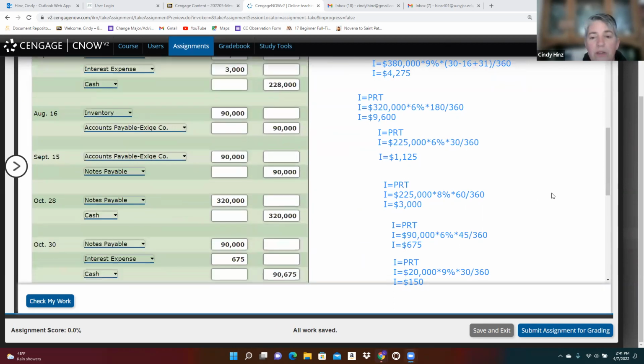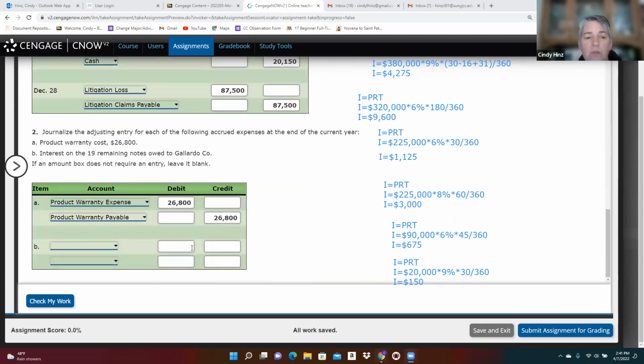And so we now know the interest that has accrued on those notes is $4,275. Whoops. And so we're going to report that. We're going to do an adjusting entry to accrue that interest expense and report the interest payable.